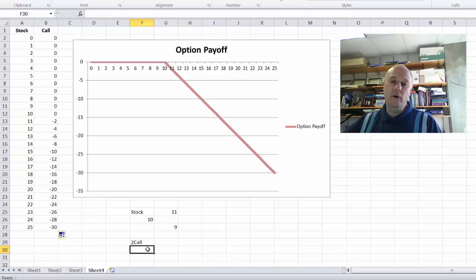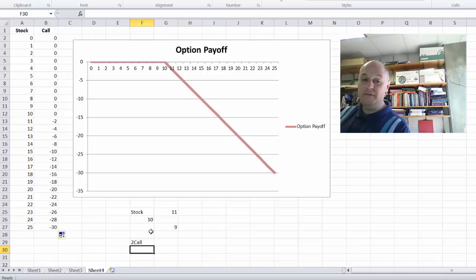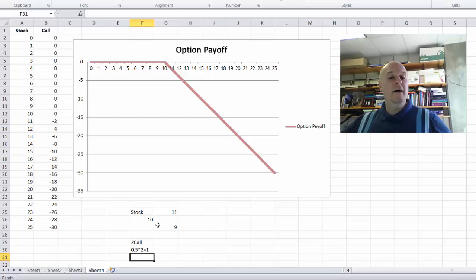Again, how did I know if they're worth 50 cents? We'll have to figure out the math to get numbers like 50 cents to value it. But if I sell the 2 calls at 50 cents a piece, that gives me $1. So I've got the stock and I've got $1 and I've sold 2 calls, written 2 calls.